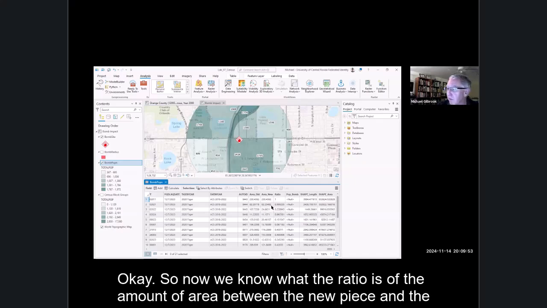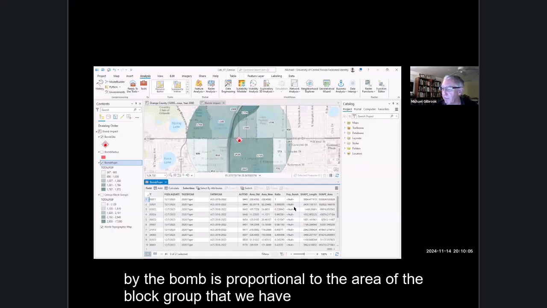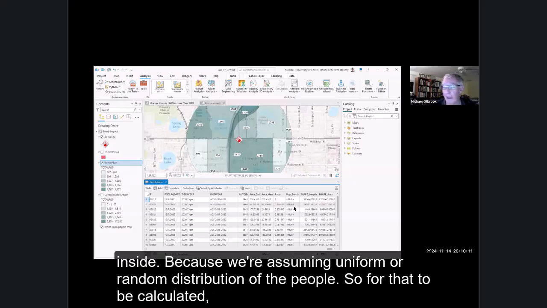Okay. So now we know what the ratio is of the amount of area between the new piece and the original piece. We can assume that the population for the area that's affected by the bomb is proportional to the area of the block group that we have inside, because we're assuming uniform or random distribution of the people.